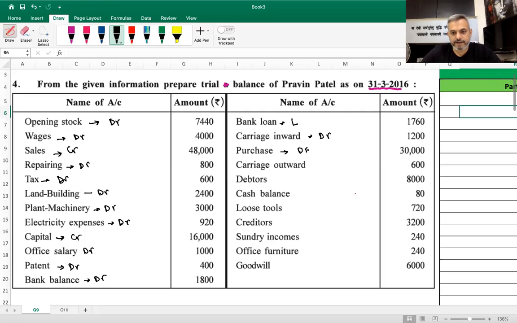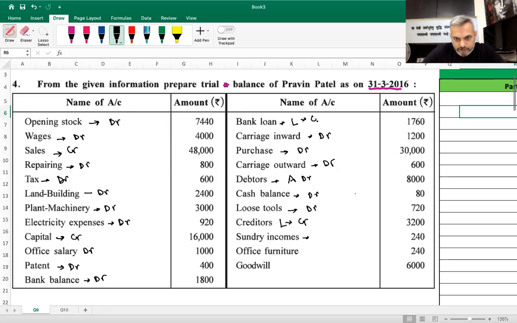Purchase, goods comes in, debit. Carriage outward, sales related expense, so it will come in profit and loss, it's an expense, so debit. Debtors, asset, so debit. Cash balance, asset, so debit. Loose tools, that is not about a screw being loose in the head. Loose tools is a current asset, debit. Creditors, liability, we have to pay, so credit.